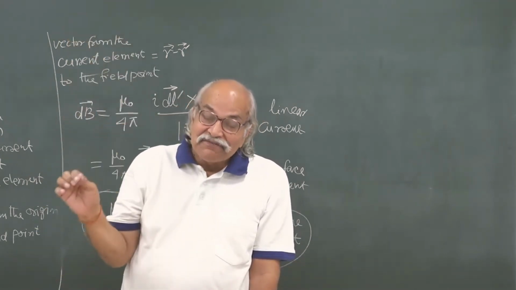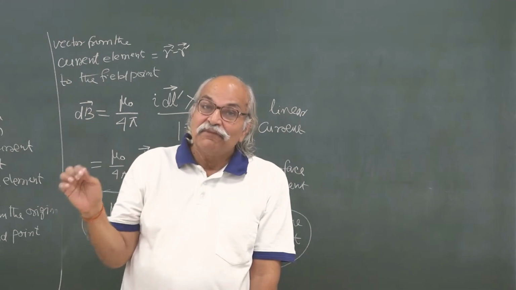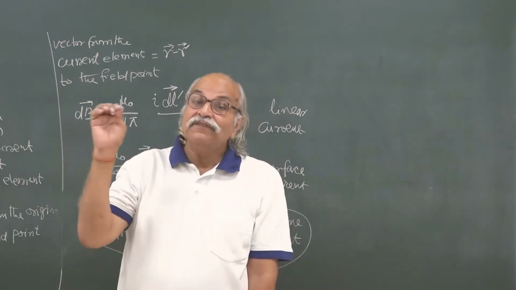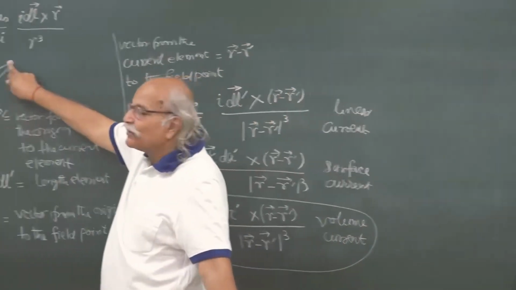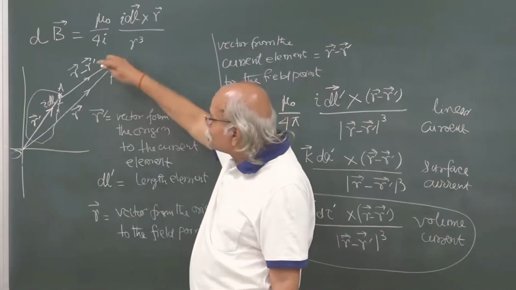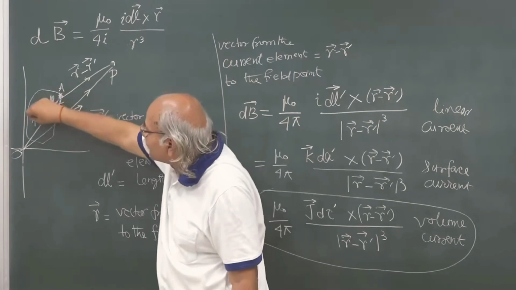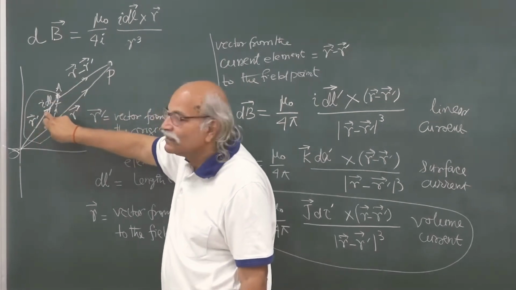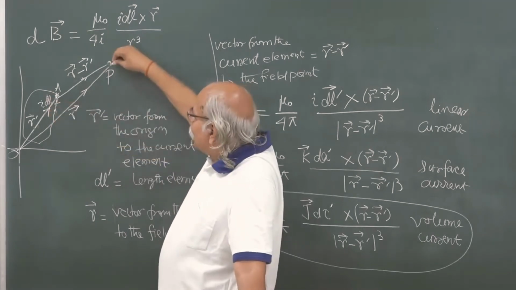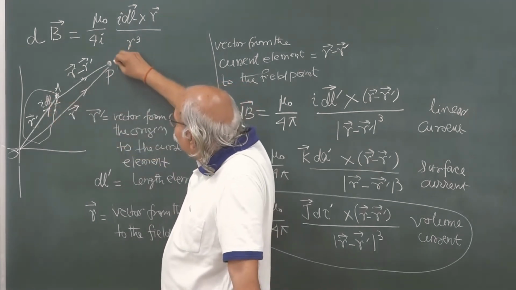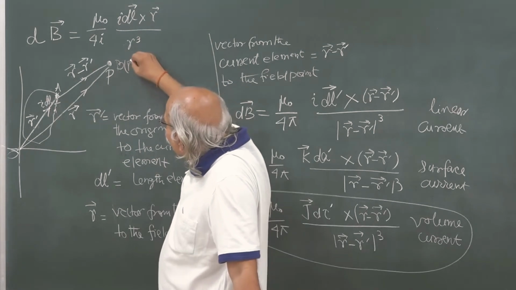So, the magnetic field is a function of the position of the field point, that is now important. This is the field point, and to get the magnetic field here I need the whole integration, and therefore all this r prime and dl prime and d tau prime, everything. But I can get the field here, that will be at position r.